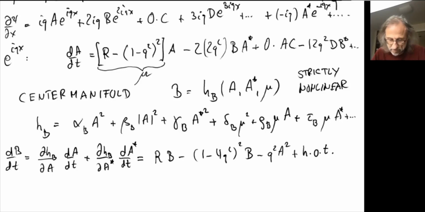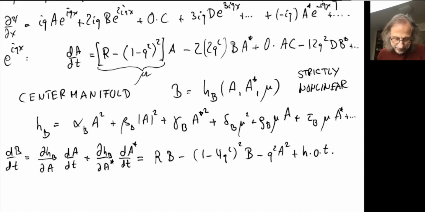So what is it? The unknowns are these coefficients, alpha, beta, gamma, and so on. We need to pick them such that this equation is satisfied. Let's look. So right now, the lowest order term that we see is this quadratic a squared term. Let's look at the left-hand side. Here's an a, but the dA by dt, what is that?